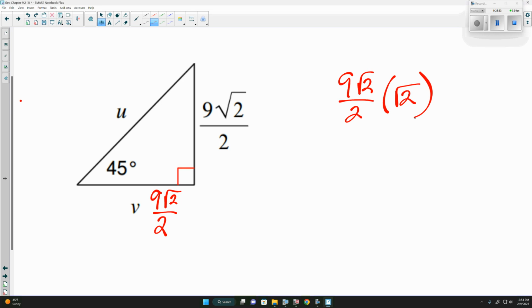If we're going from the hypotenuse to the leg, we divide. U is equal to... So we could just write all of that. Square root of 2 times the square root of 2 is 2. 9 times 2 is 18. And 18 divided by 2 is 9. Questions on this here?